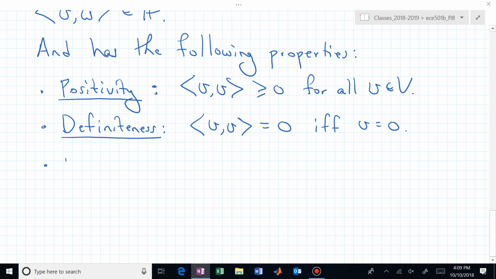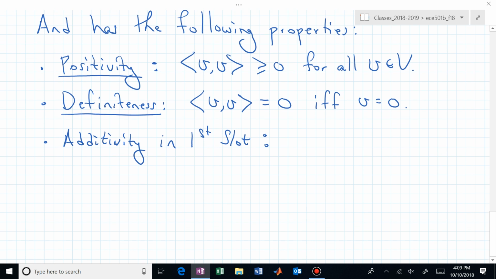We also want to have additivity in the first slot. So relative to this inner product, there are two slots, the first slot and the second slot, and that allows us to talk about which of the vectors we're referring to.